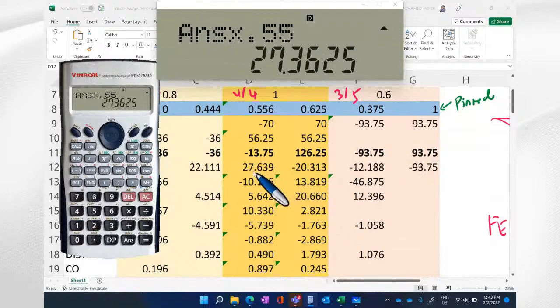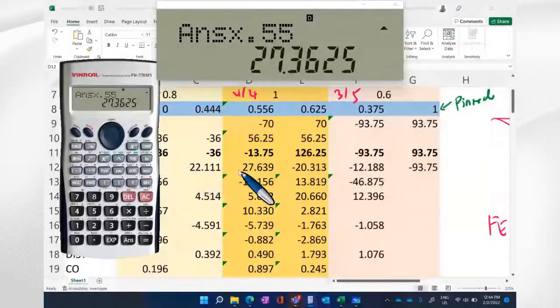It is 27.6. Okay, 639, 625 doesn't matter. It is 27 point something. This is 36. It doesn't matter, it is just because of the decimal places that we take.